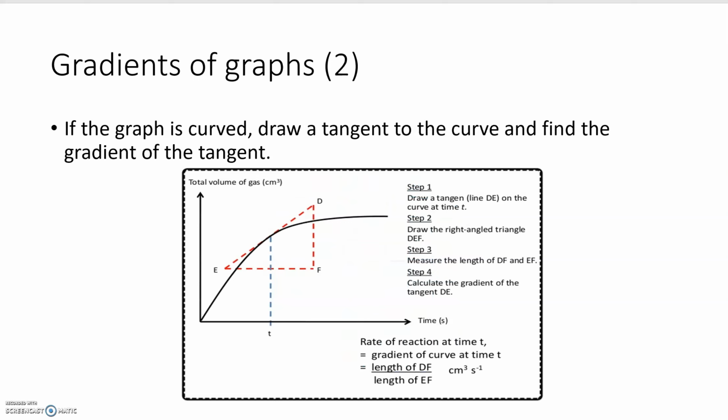Here, if the graph is a curve, then you need to draw a tangent. Again, something that comes up a lot in the higher or triple paper. So this E to F is a tangent line. Once you've done the tangent, only then can you draw a triangle and then work out your rate of reaction, for example, which is y over x.